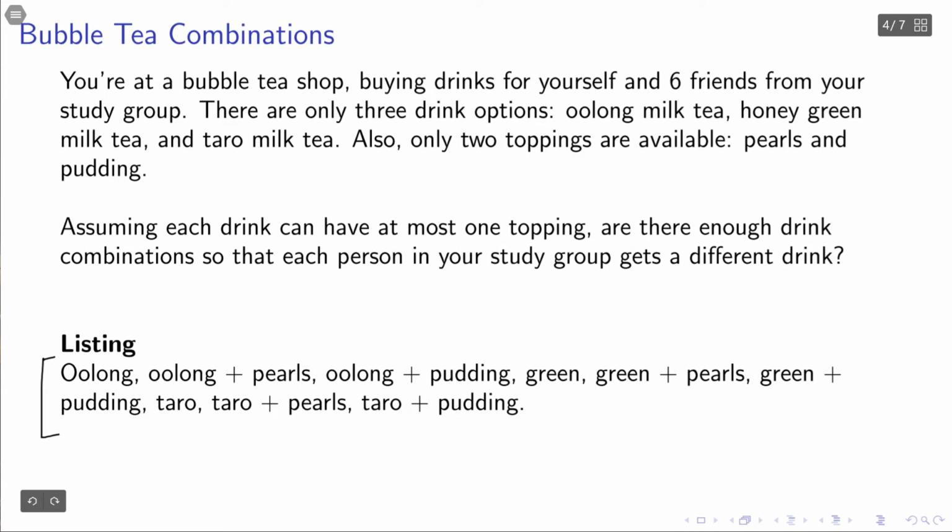Oolong, oolong and pearls, oolong and pudding, and so on. So the answer is yes. There are 9 different possible drinks that you can make from this bubble tea shop. And you're buying 7 drinks, right? So that's basically enough. So each of you gets a distinct drink.